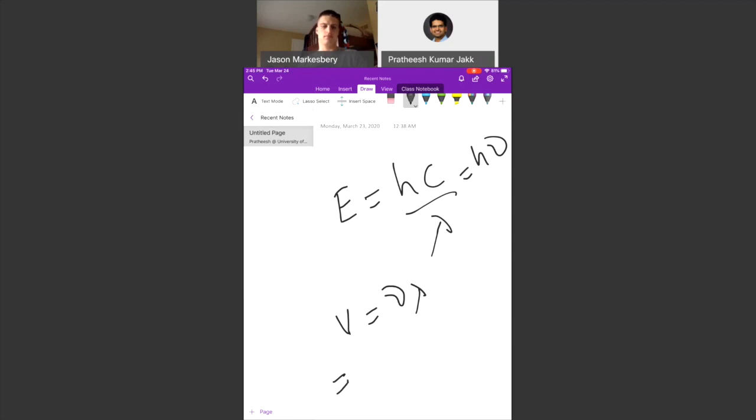Here, in this particular case, velocity of light is c, so c equals nu times lambda. You can replace nu with c over lambda. Okay, that makes more sense. So that's why E equals hc over lambda or h nu, both are the same. All right, good. That makes sense. It's good that you actually learned a little something helping me here.